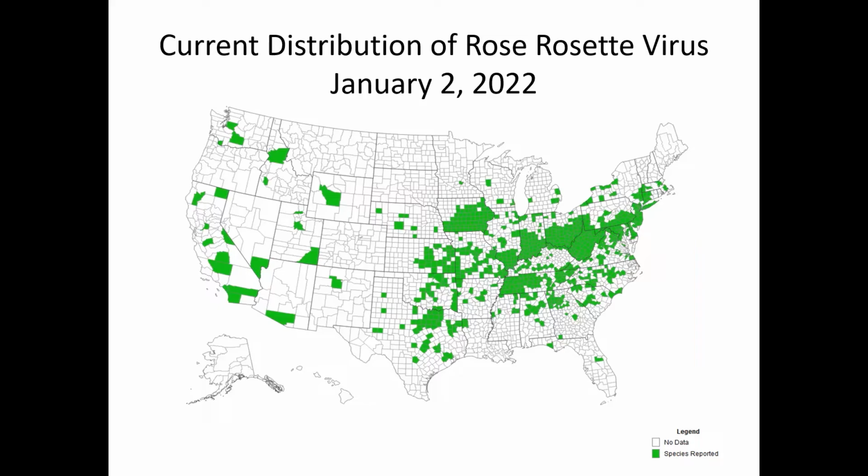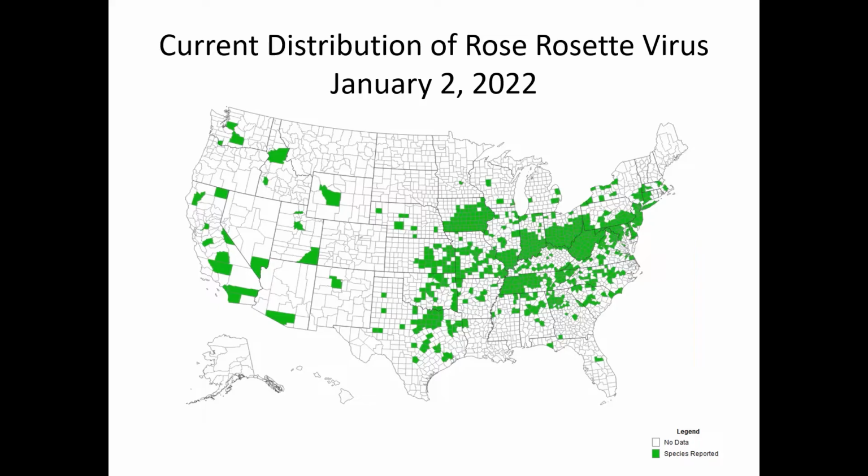Now, Rose Rosette was first in a few western counties, including Wyoming, Idaho, Northern California, and Manitoba, Canada, which isn't on the map, back in the early 1940s. And since then, it has been found in quite a few eastern states, especially.